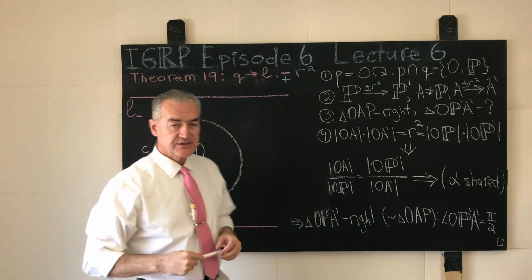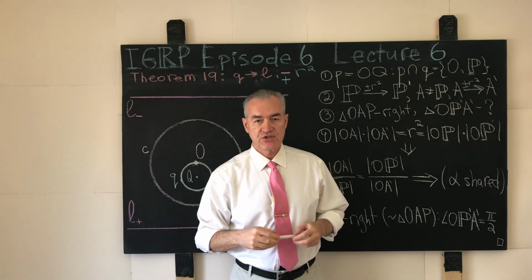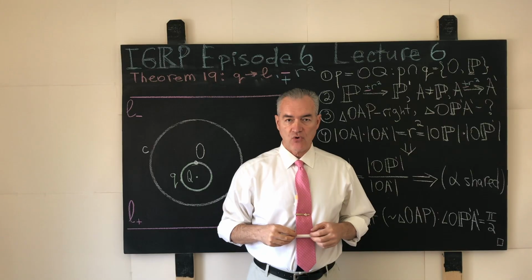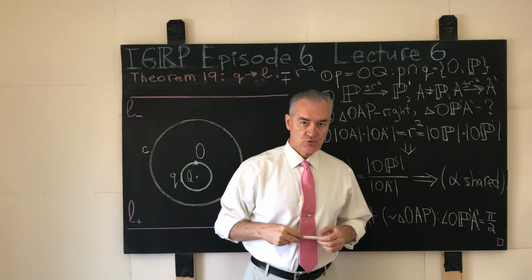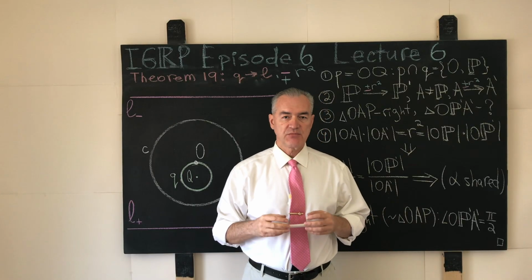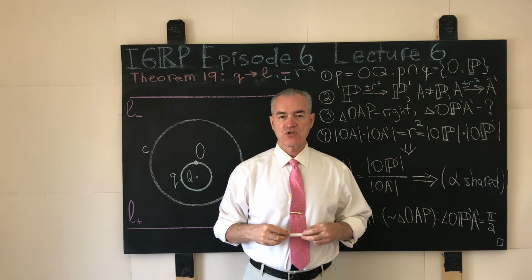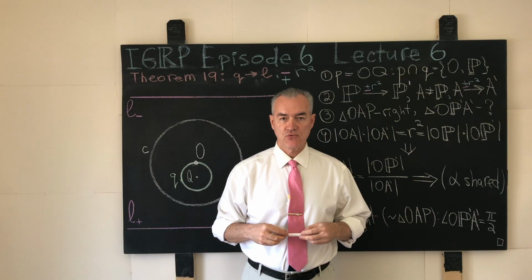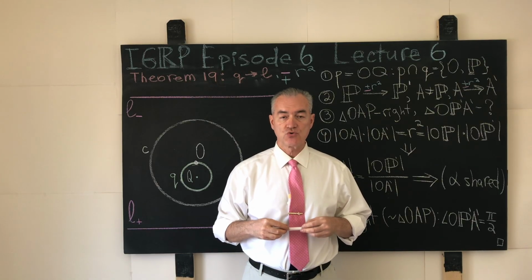Once you comprehend the statement of theorem number 19, we suggest that you try to generate a proof of that theorem on your own using the template that we discussed in the previous segments. And before you do that, you may want to watch an animation that I put together for you using the free software called GeoGebra.